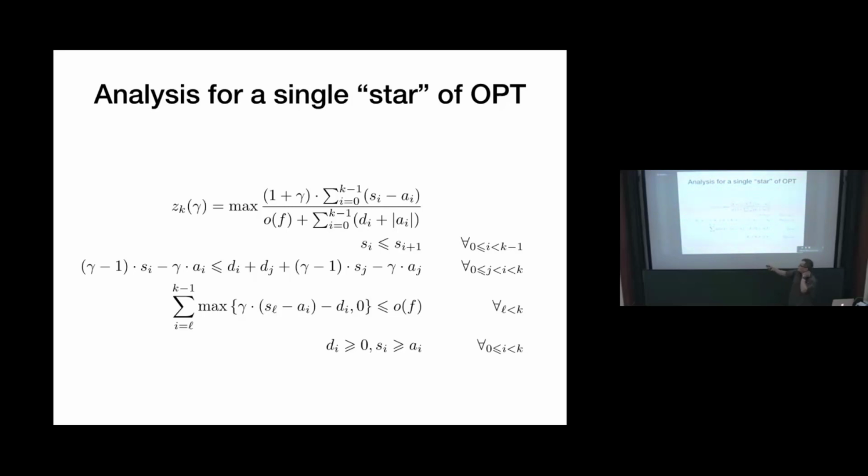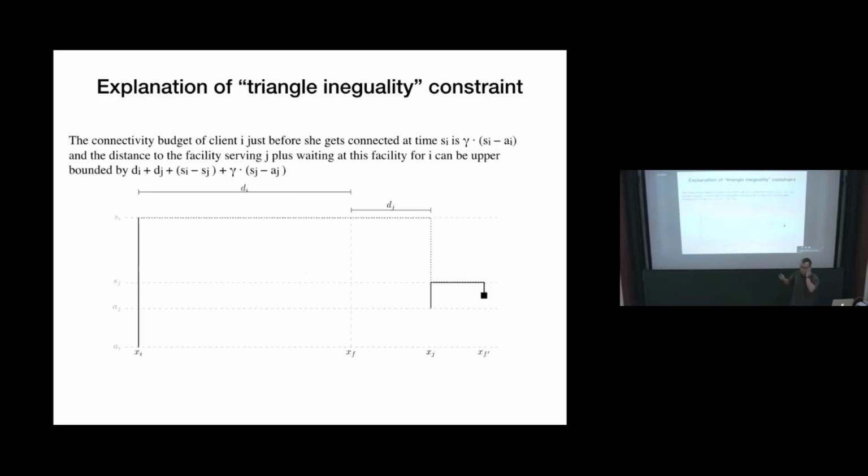And now we get something pretty complicated in place of the original triangle inequality, because now we travel both in space and time, and it's a little tricky to encode it. I have a picture explaining the meaning of this. So you imagine client I, who arrives here, is waiting until here, and the constraint says that this client must consider connecting to an already open facility that was opened for client J, who got connected earlier.